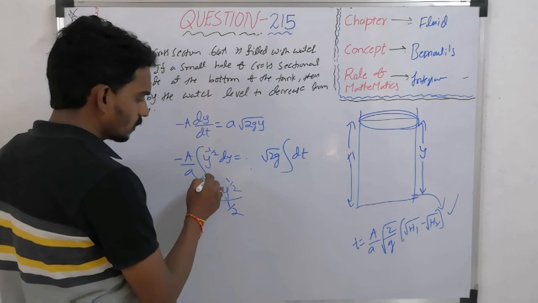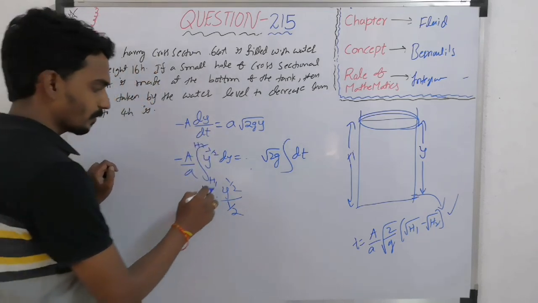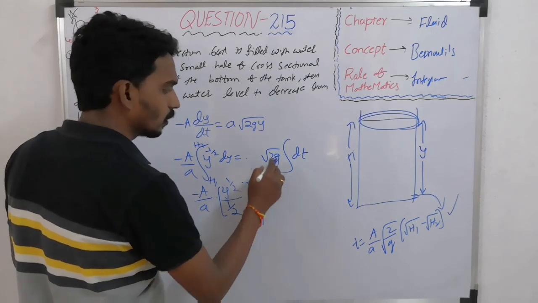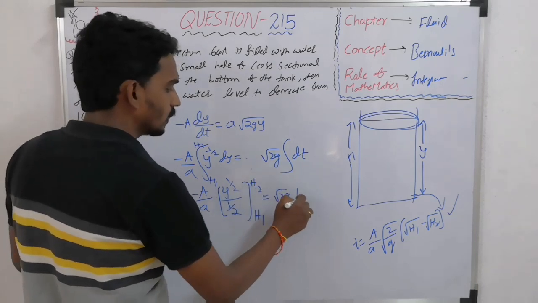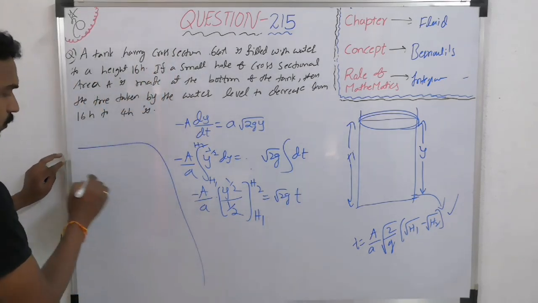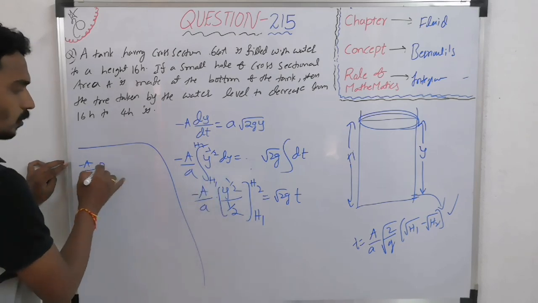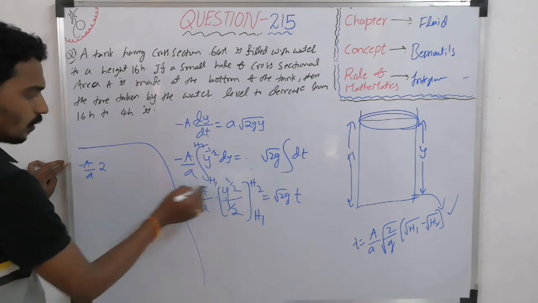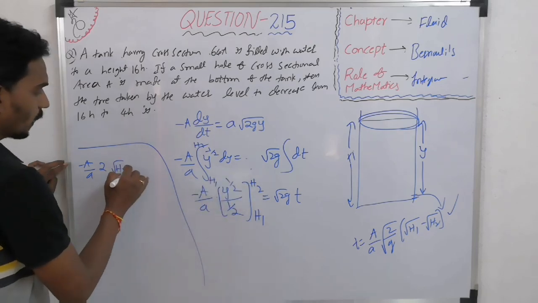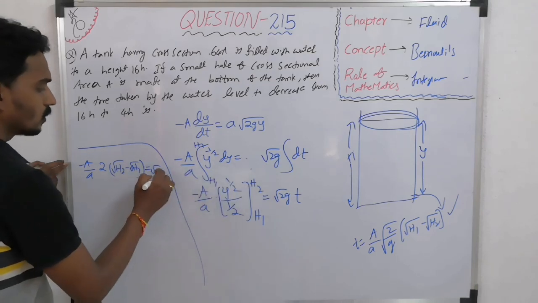The level was h1, then it reduced to h2. So h1 to h2 equals root 2g times t, time t. Now here, minus a by A, the 2 will go up, so 2 into y power 1 by 2, which means root y, so root h2 minus root h1 equals root 2g into t.